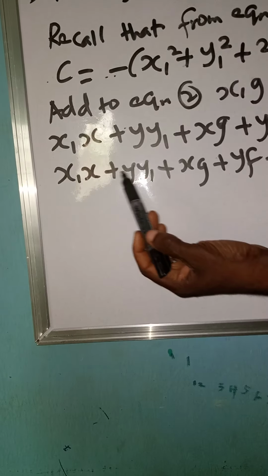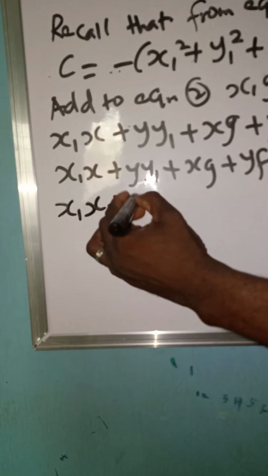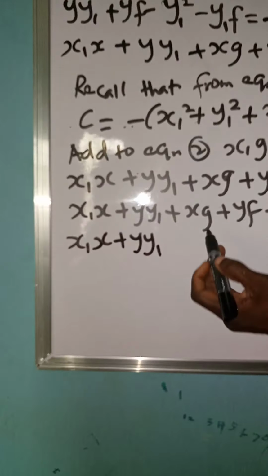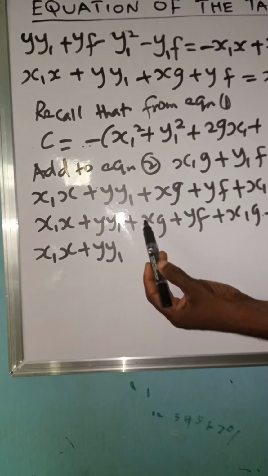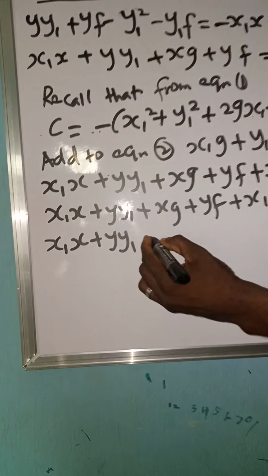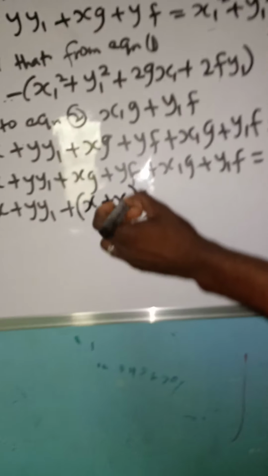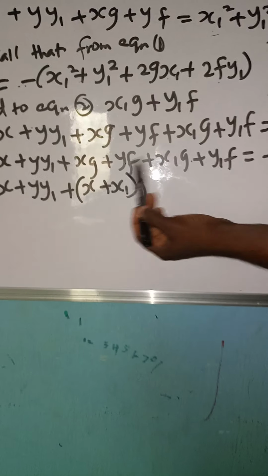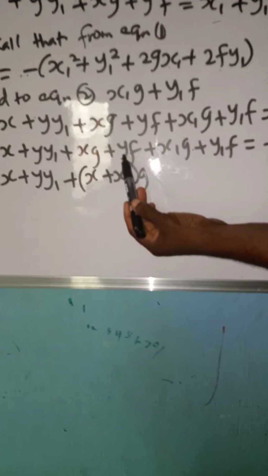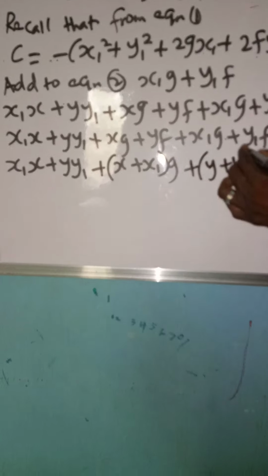So let's look at terms that are common here. We have these two, x1x plus yy1. Then we have g's here and we have g's here. So when you collect this together, you have xg plus x1g, that is plus (x plus x1) times g. The other one you have is yf and y1f. When you factorize this, you bring out f, you'll be having inside the bracket (y plus y1) into f.